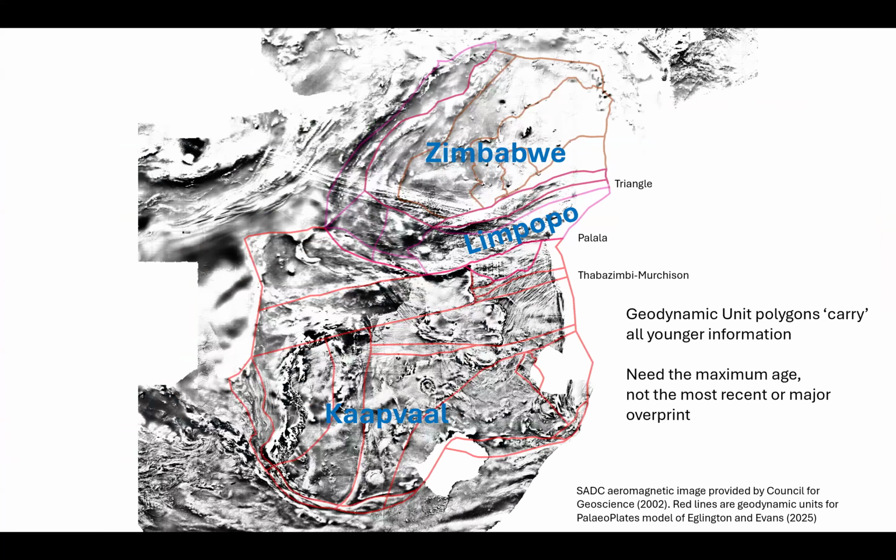One of the important aspects here, looking at this grayscale error mag image of Southern African Development Community, is that we need to define things not the way most geologists look at things in terms of what's the latest overprint or major tectonic event that defines the polygons we might think of, but rather what's the protolith age, what's the oldest age that goes with particular tectonic elements. And those will then carry the information that we want to carry right the way forward.